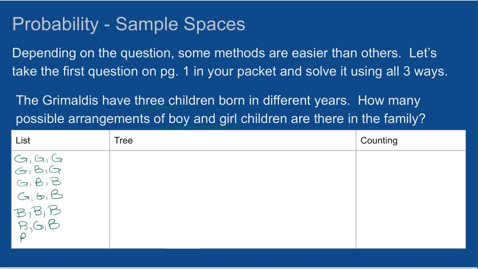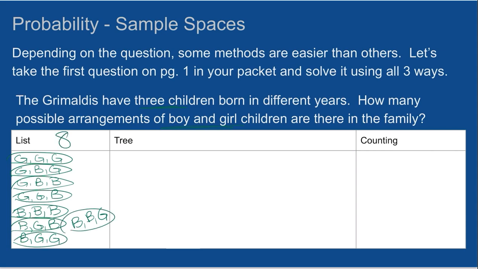Or they could have had a boy, a girl, and a girl. Or they could have had a boy, and a girl. So if we count up how many possible orders, 1, 2, 3, 4, 5, 6, 7, 8 possible arrangements, doing it with the list.